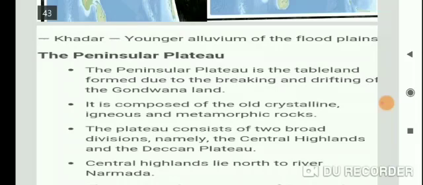Its further westward extension gradually merges with the sandy and rocky desert of Rajasthan, and it slopes from south to north-west, as indicated by the flow of the Chambal, Sindh, Betwa, and Ken rivers. The Central Highland is wider in the west but narrow in the east.